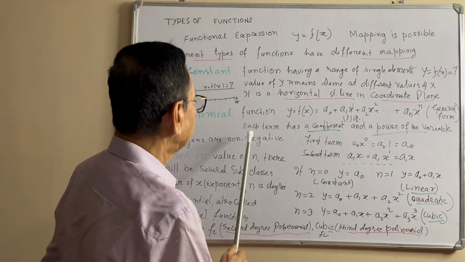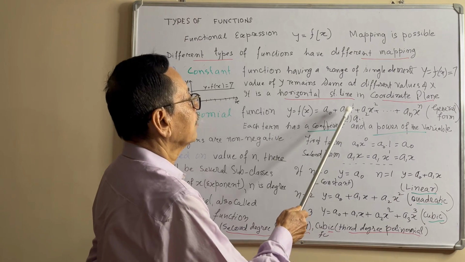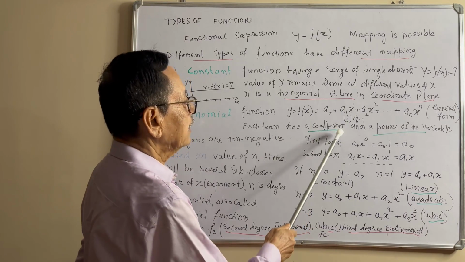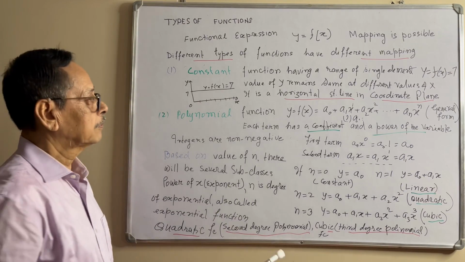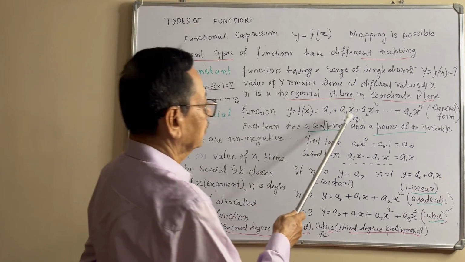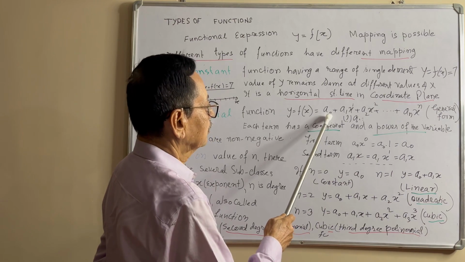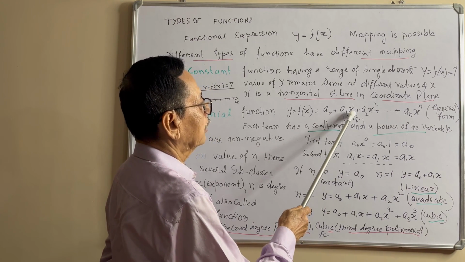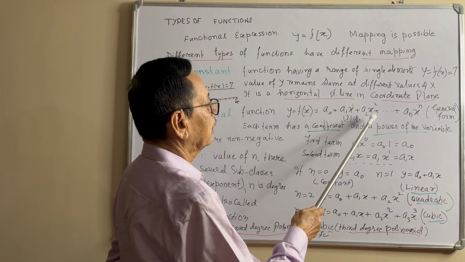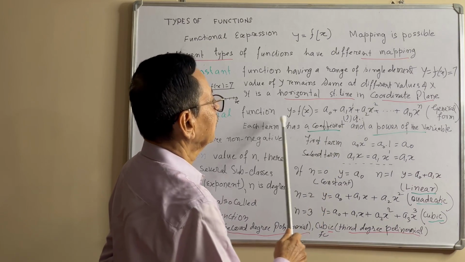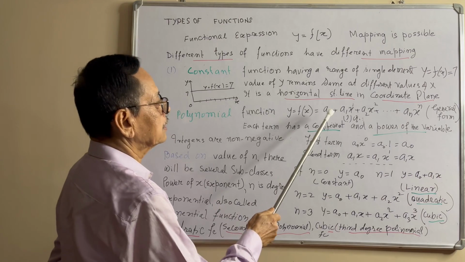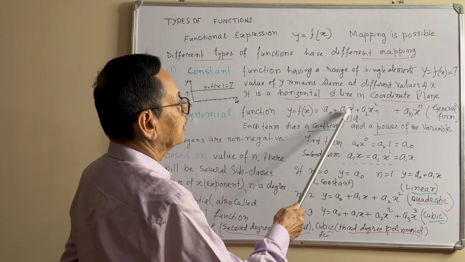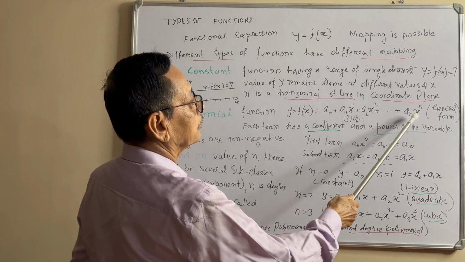Now each term has a coefficient and a power of the variable. So a0, a1 x to the power 1, a2 x to the power 2. So each term has a coefficient. The coefficients are a0, a1, a2, and so on up to an.